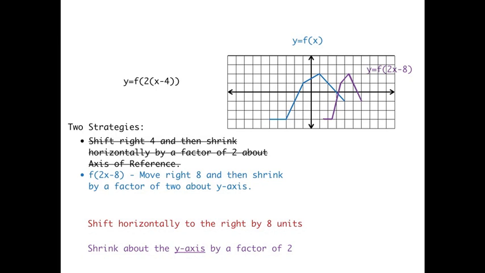Let's do some review. When we have multiple transformations along the same axis, the order matters. If we're dealing with scaling along the x-axis and a shift along the y, the order does not matter. But when we're doing scaling and shifting along the same axis, either x or y, order matters.